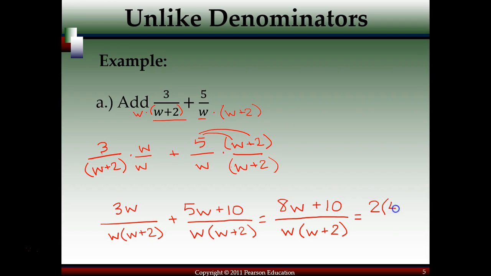So we're left with 2 times 4w plus 5 over w times w plus 2.